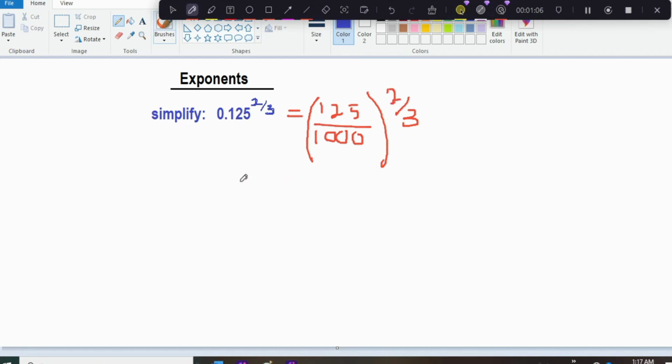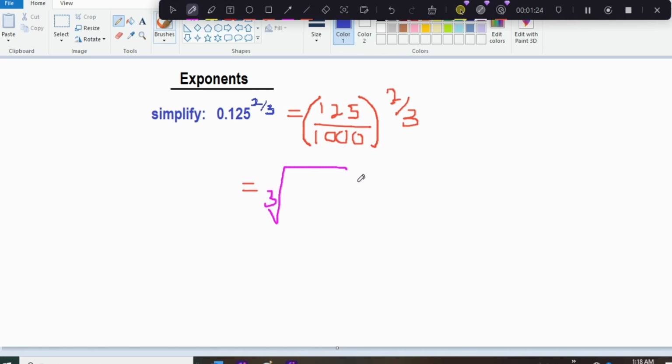Following the principle of indices, for 2 over 3 we find the cube root.